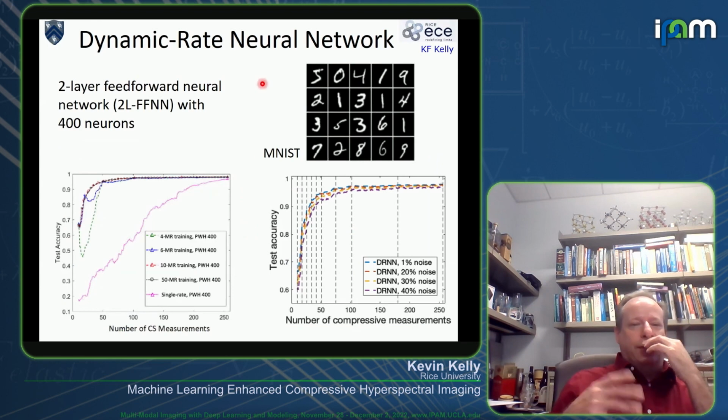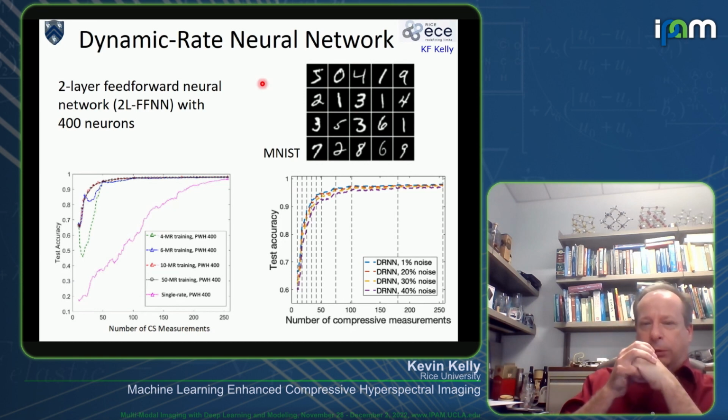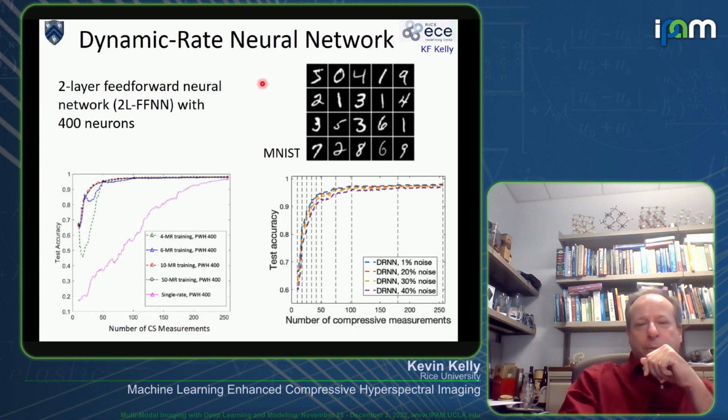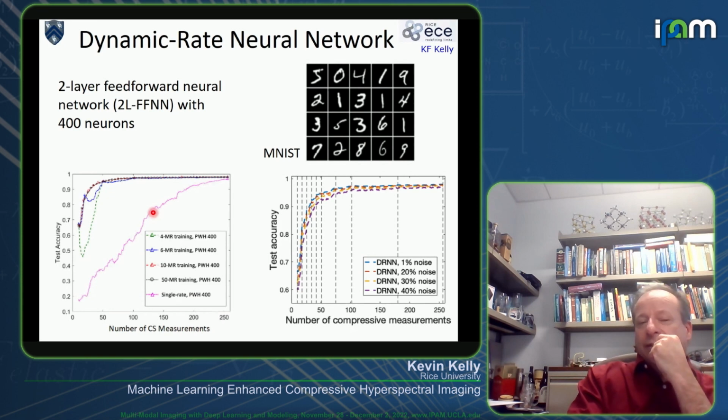And so we did this first for a single hidden layer neural network, another name for it is a 2-layer feed forward neural network with 400 neurons. And this was the MNIST data set at 32 by 32. And you can see that this is the single rate, trained for all 256 measurements, and it classifies really poorly if you give it anything less than 256 measurements.